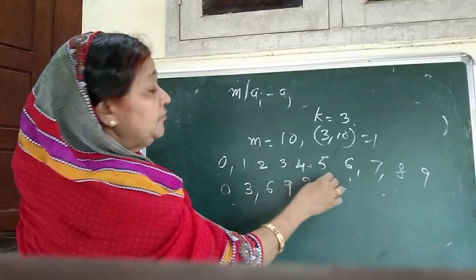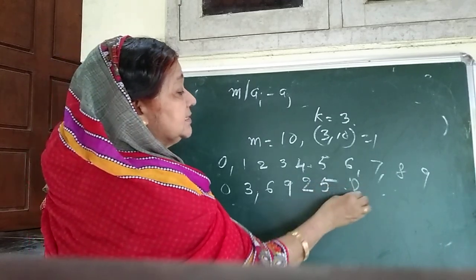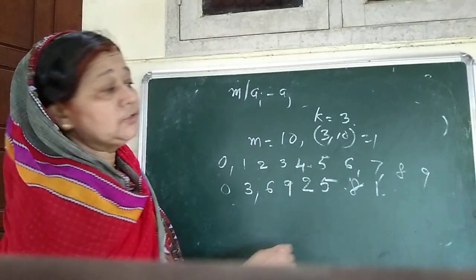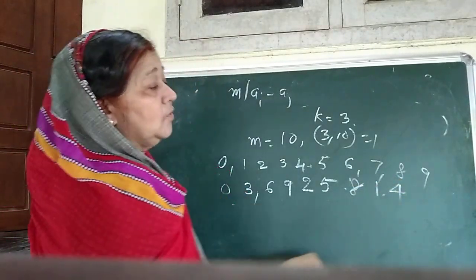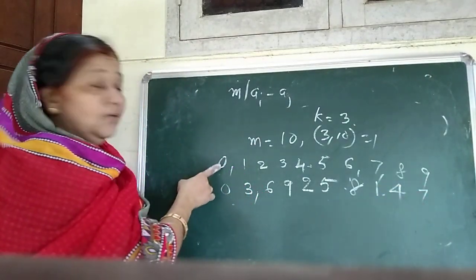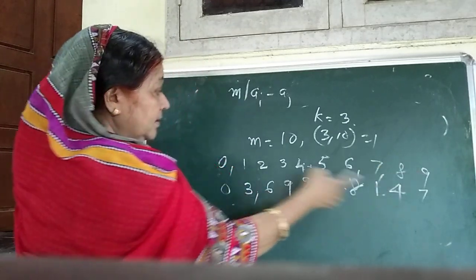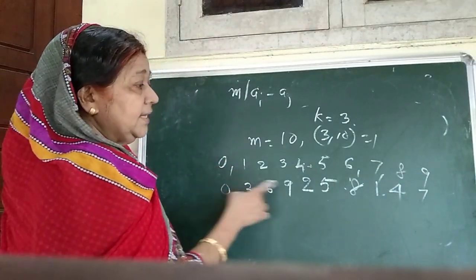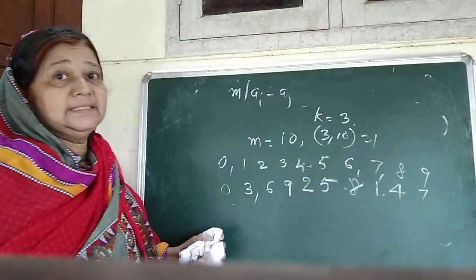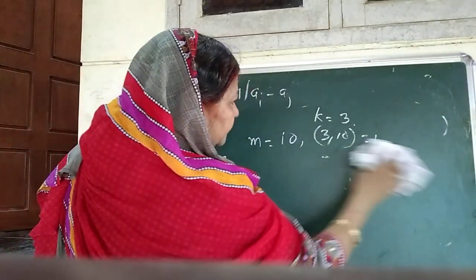Then 3 into 5 is 15, that is 5. 3 into 6 is 18, that is 8. 3 into 7 is 21, that is 1. 3 into 8 is 24, that means 4. And 3 into 9 is 27, that is 7. Therefore, A1, A2, etc. An and Ka1, Ka2, Ka3 are the same in some other order. That is the property of a complete residue system.